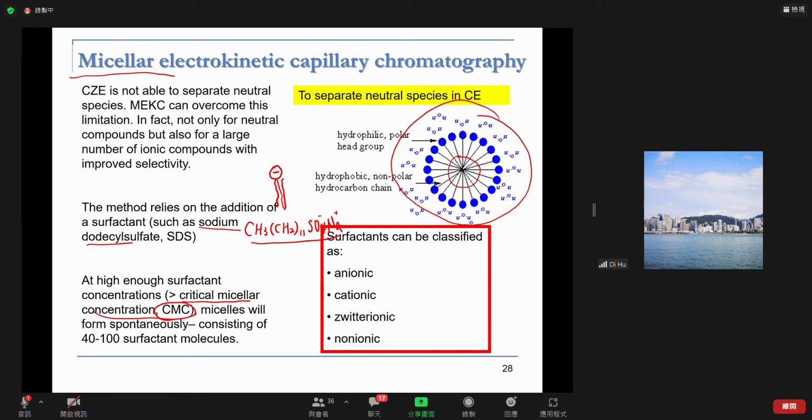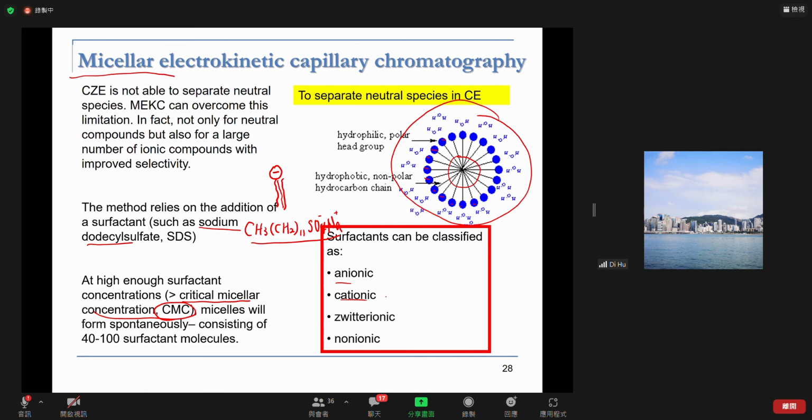This compound is negatively charged, with many negative charges, so it has a large Q value, but at the same time it has a large size as well. So this is anionic, but you can also have the cationic one, normally just ammonium, and also zwitterionic or non-ionic surfactants.